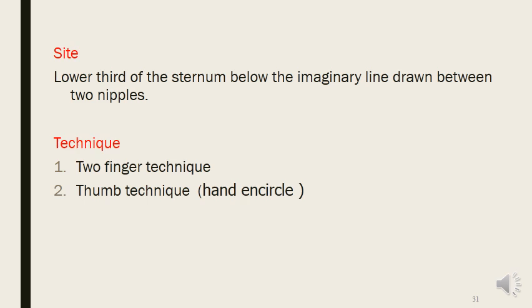Chest compressions are provided by using either the thumb technique or the two finger technique. We can give chest compression by two techniques. First one, two finger technique, and the other one is thumb technique or hand encircle technique.